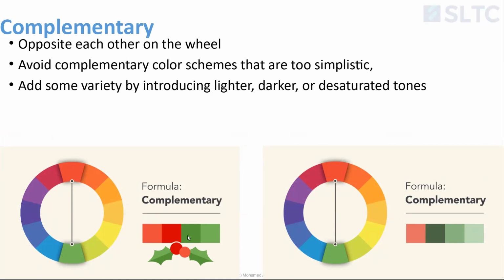Now here you see a lot of brightness. Here it's a bit dimmed, but they're nicely matching. This is called a desaturated color scheme because it brings down the brightness of the color a little bit so that the content on the screen highlights itself more than the other elements of the color.